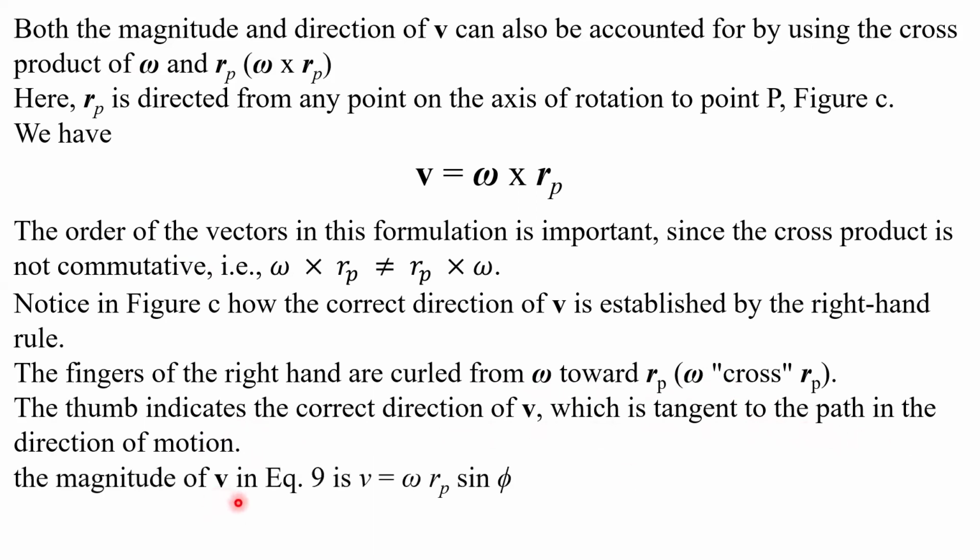The magnitude of V is V equals omega Rp sine phi, which is the result of the cross product of two vectors. The cross product A cross B is equal to AB sine phi. So V is equal to omega cross R.